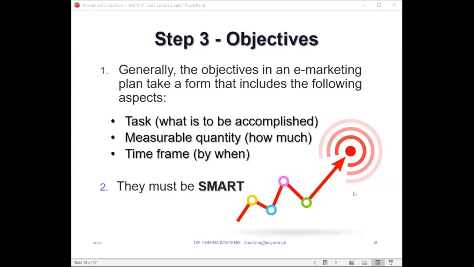SMART. The S. Yes, being specific. Good. Being specific. So what does it mean in terms of formulating your objectives? So you have to state, use action words. You don't go around before you arrive at what you want to do.